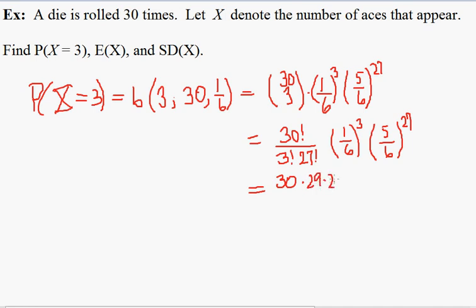So 30 times 29 times 28 times 27 factorial, 27 down to 1, divided by 3 factorial, the definition of 3 factorial is 3 times 2 times 1. And then I've got a 27 factorial here, times 1/6 to the third times 5/6 to the 27th power.